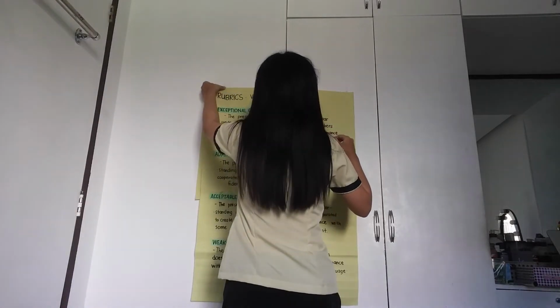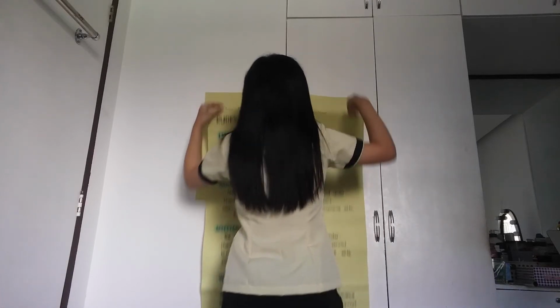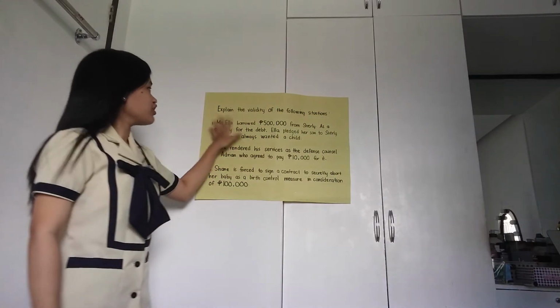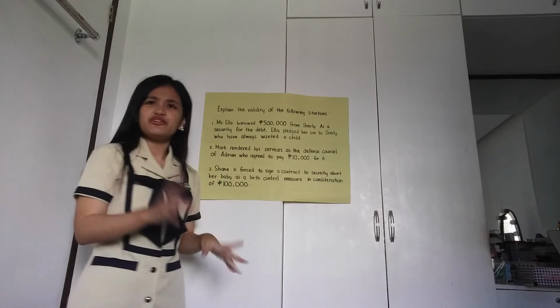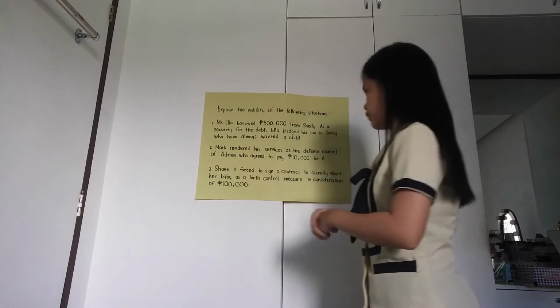Now, to end our discussion, our lesson for today, we have this little assessment. It will be very easy for you guys, trust me. For this activity, all you have to do is explain the validity of the following situations. You can do that by stating the requirements or stating what limitations are violated in these situations.